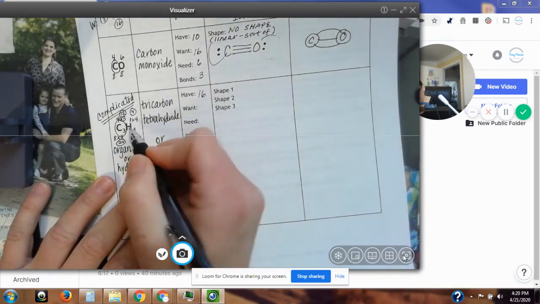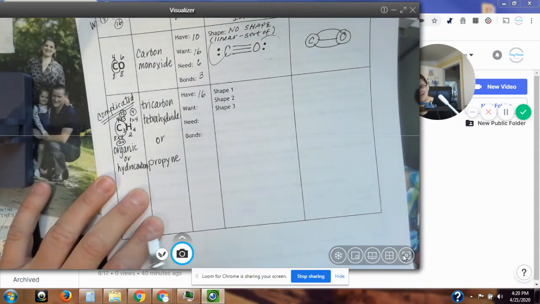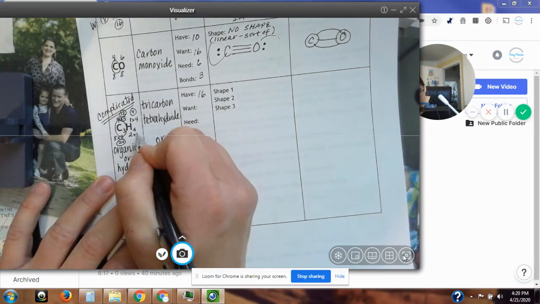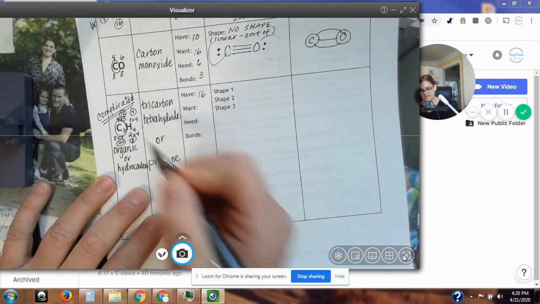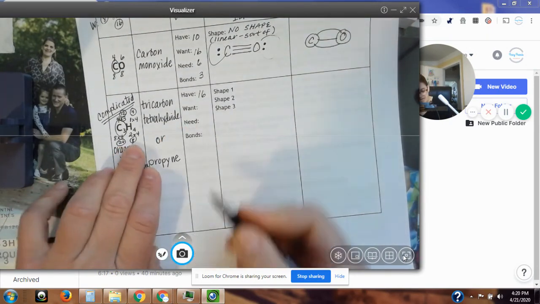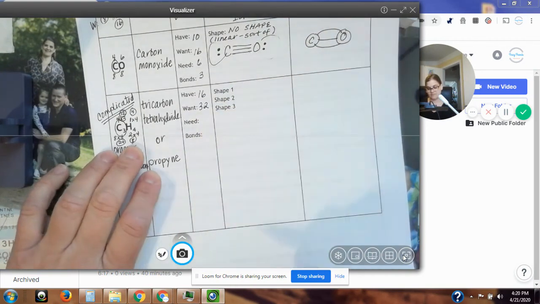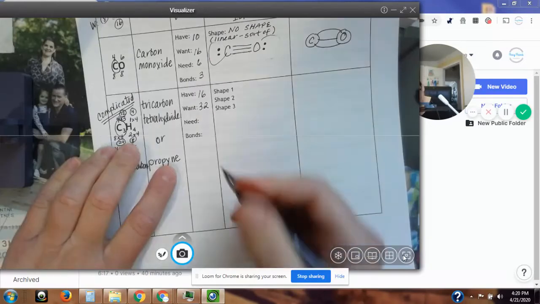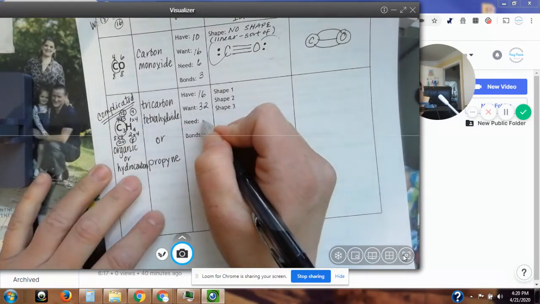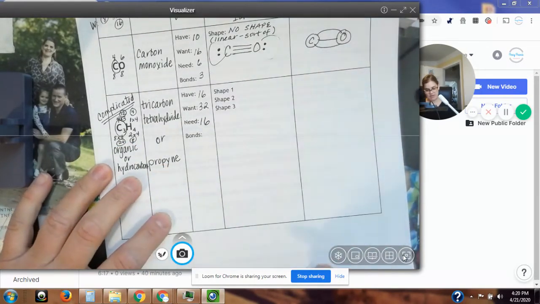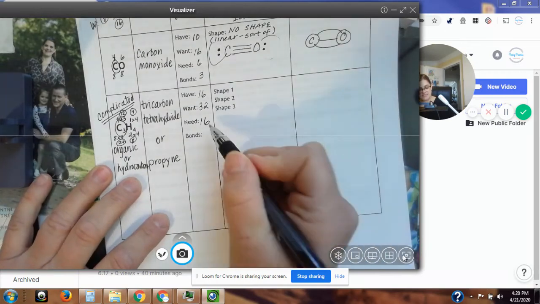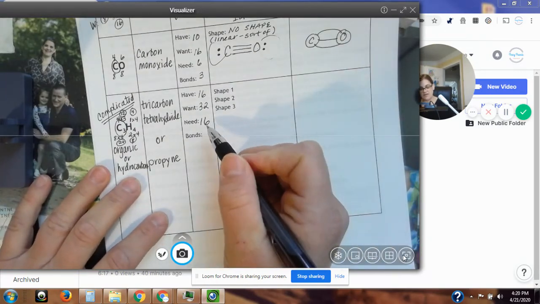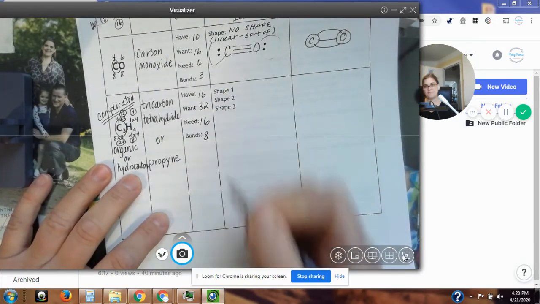And then hydrogen wants to have 2, not 8. And there are 4 of them, so together that makes 8. So 24 plus 8 is 32. 32 minus 16 gives us a need. Yep, we need to share 16 electrons. So 16 electrons can be divvied out into 8 bonds.